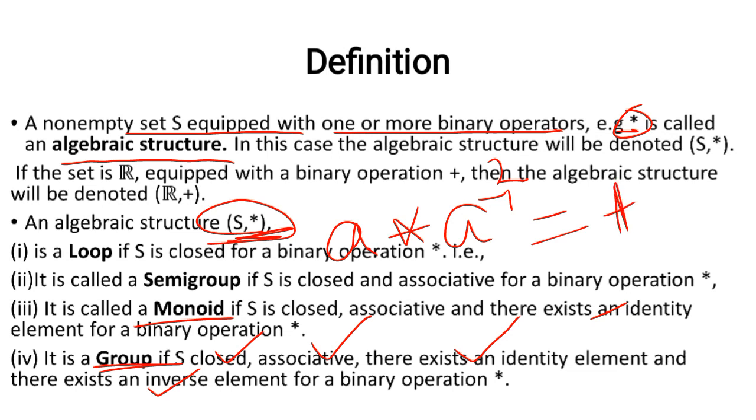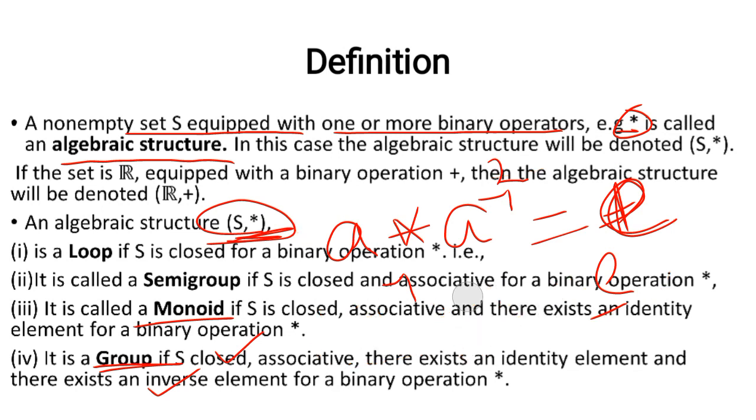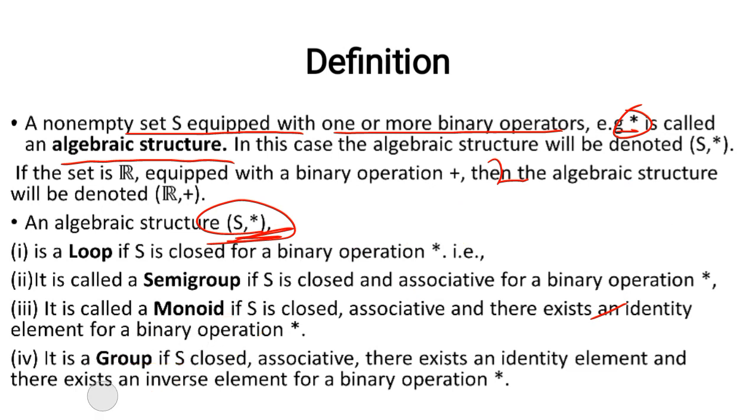You could call it 1 or E. In algebra, we use E most times to denote identity. Also, A inverse asterisk A gives me back E. If these two conditions hold, and it is closed, associative, and has an identity, then we say this algebraic structure is a group.